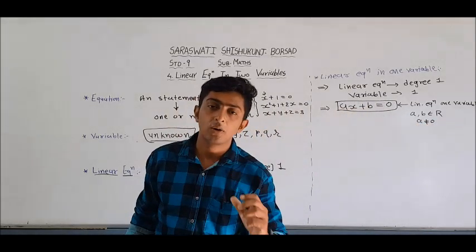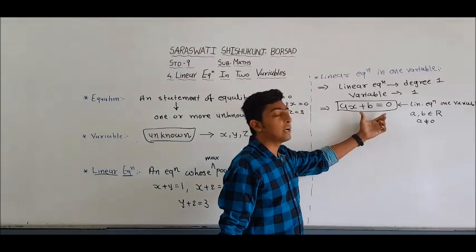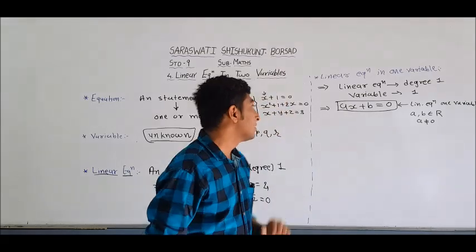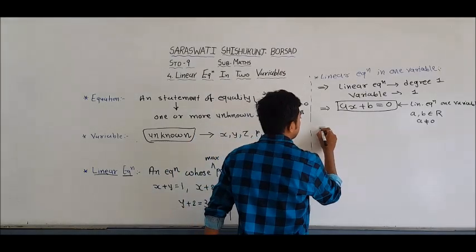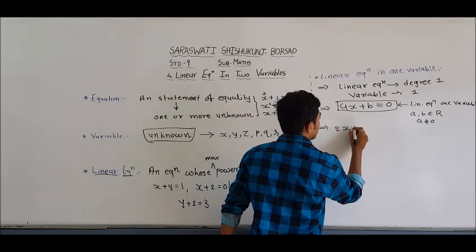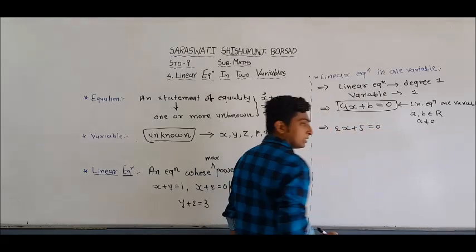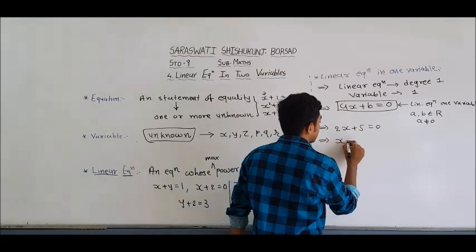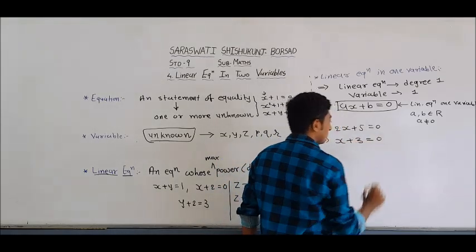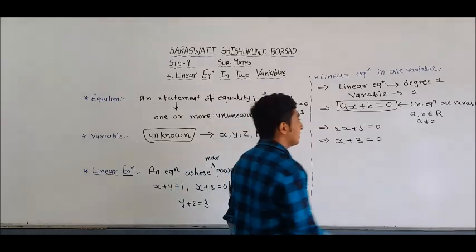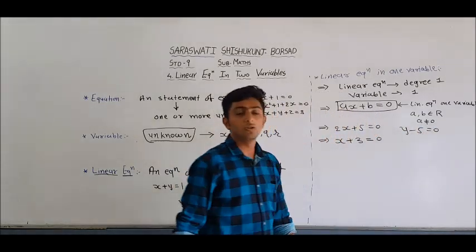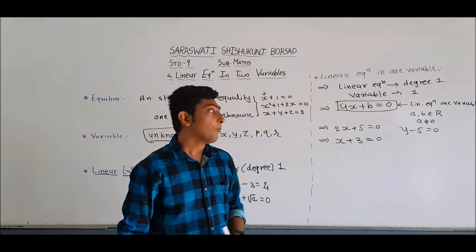If you take a equal to 0, then only a constant remains. That's why we cannot take a equal to 0. For example, 2x plus 5 equal to 0 is a linear equation in one variable. Another example, x plus 3 equal to 0. This is also a linear equation. y minus 5 equal to 0 is also a linear equation in one variable.